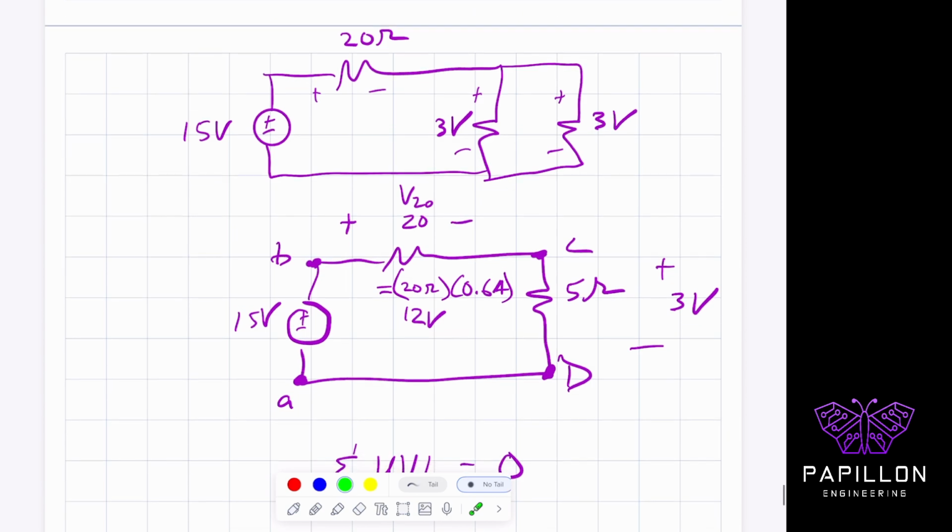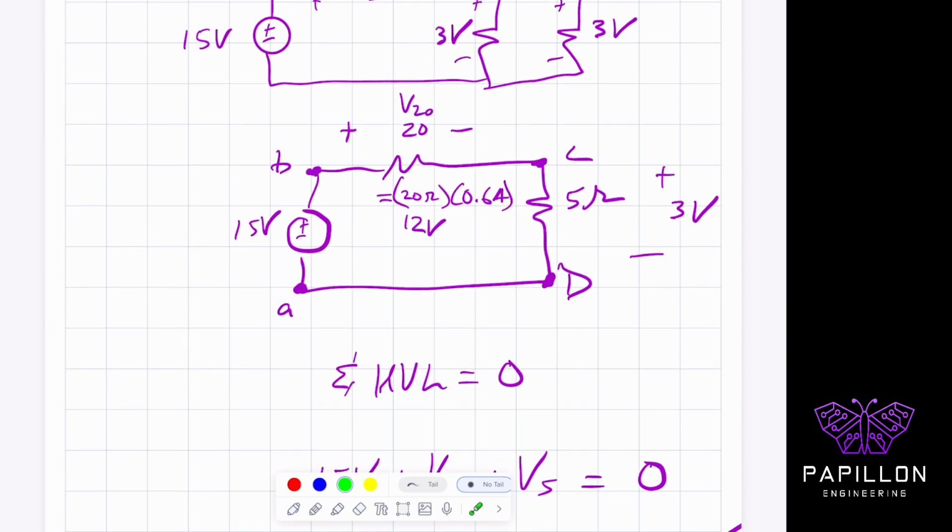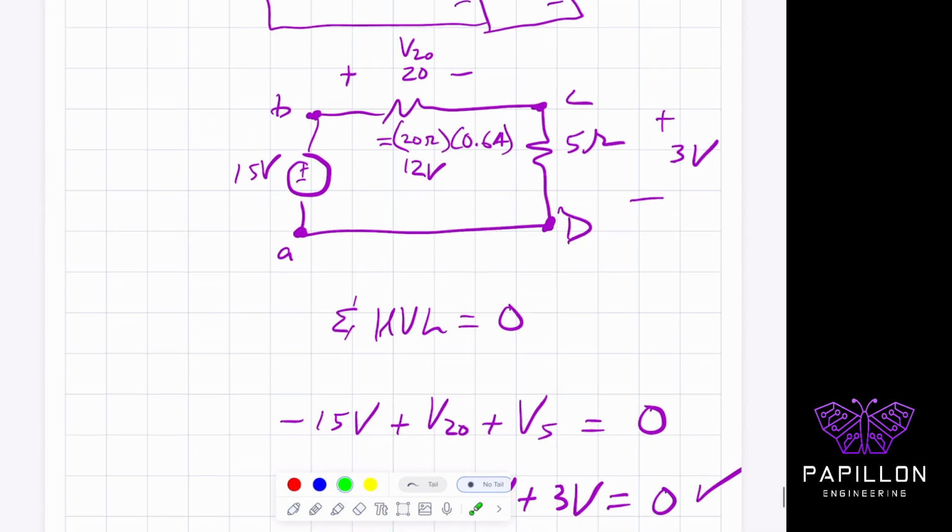Now, to get the voltage across this entire problem, we know the 0.6 amps going through the main source times the 20 ohm resistor gives us 12 volts. That 12 volts is the voltage drop. And then the 3 volts across the 5 ohms is also a voltage drop of 3 volts.